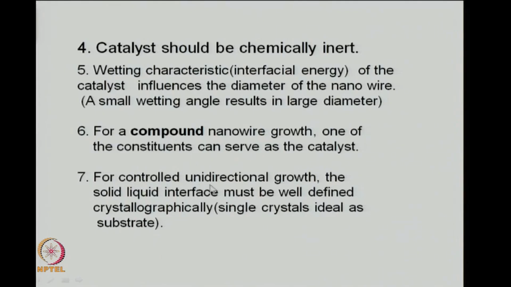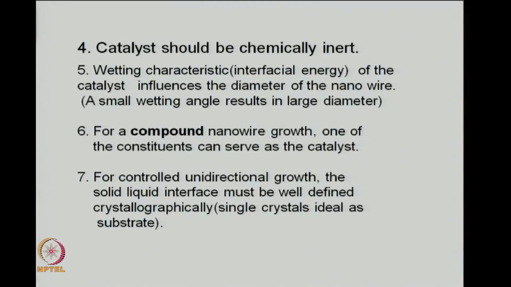Now, if you want to control the directionality for unidirectional growth, the solid liquid interface must be well defined crystallographically. So, if you want to grow only, say, silicon 111, you must have single crystals as substrates with proper orientation.